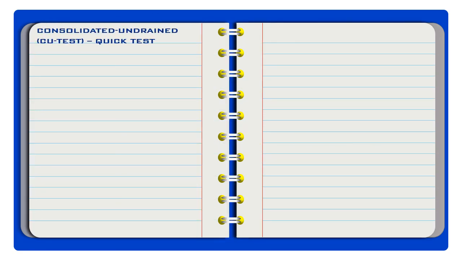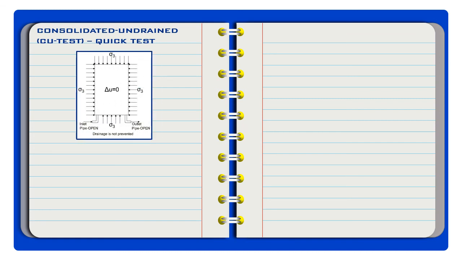Now we proceed dun sa consolidated undrained test or the CU test or the quick test. So, sa first stage, consolidation pa rin kasi nandun pa rin yung word na consolidated. So, ibig sabihin, consolidation pa rin yung mangyayari. Ang gagawin is open yung inlet pipe, magpapasok ng hydraulic pressure or all-around pressure dun sa soil natin.